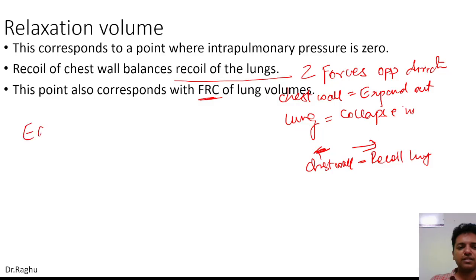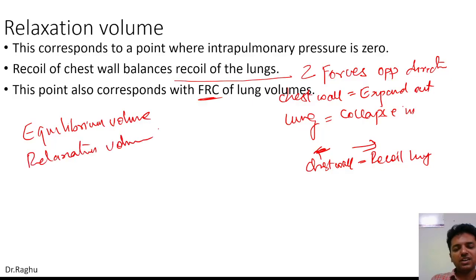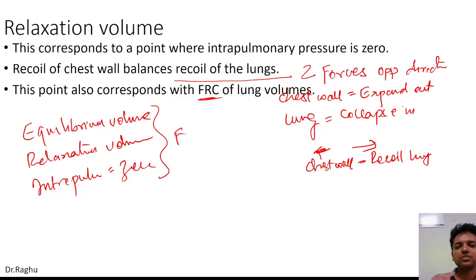So if they say equilibrium volume, or relaxation volume, or even the volume at which the intrapulmonary pressure is zero, all these three correspond to the functional residual capacity.